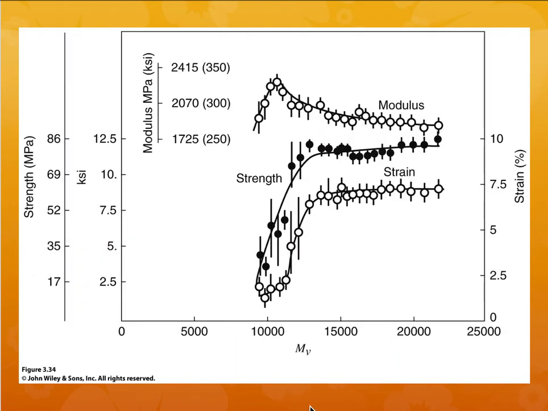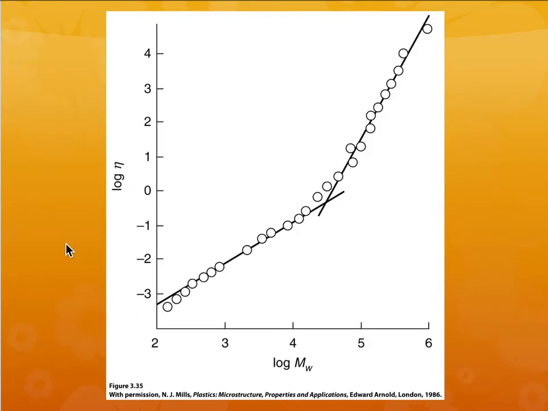So what are some of the advantages? The advantages are that the modulus in different directions is slightly different, and you get very high strain as well as strength for using this kind of a material.